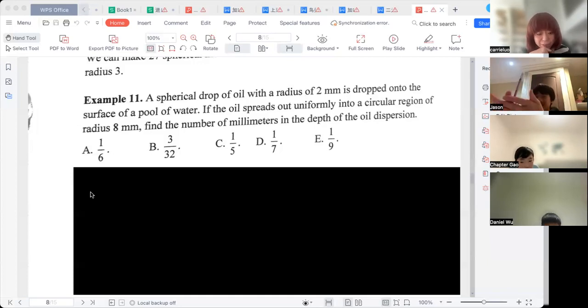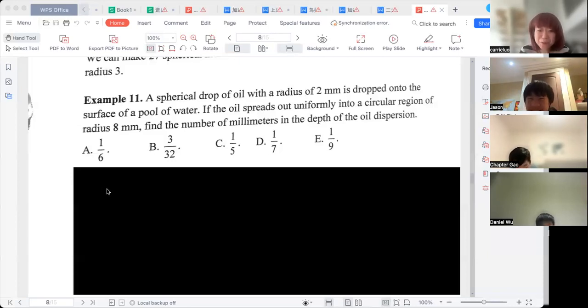Okay, so Jason, what is your answer for number 11? My question is a spherical drop of oil, and my answer is C. So also C. Chapter, what do you think? C. Okay, 大家都说 C 对吧？OK，好，我们来看一下啊。It's definitely wrong.